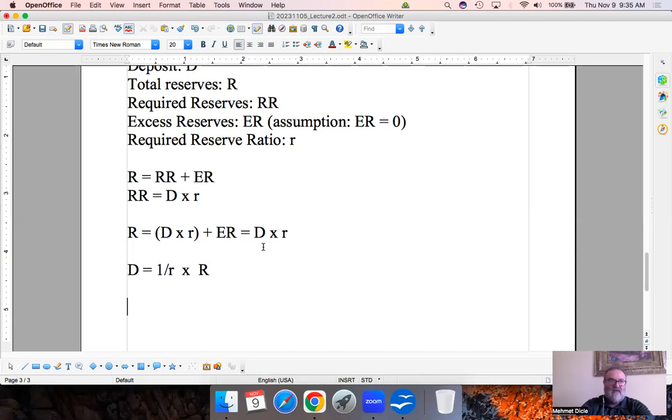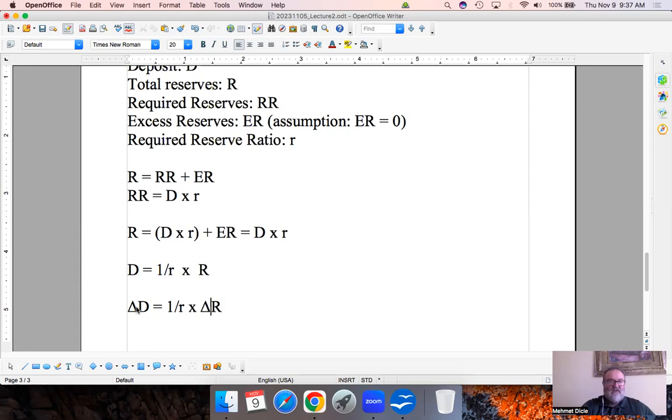And obviously, if we choose to look at any changes in the deposits, then the change in deposits will be equal to 1 over the required reserve ratio times the change in R. Delta D is equal to 1 over r times the delta R. Right?